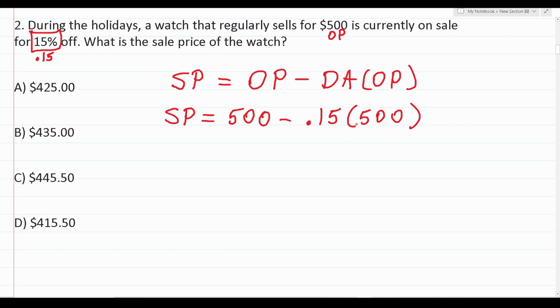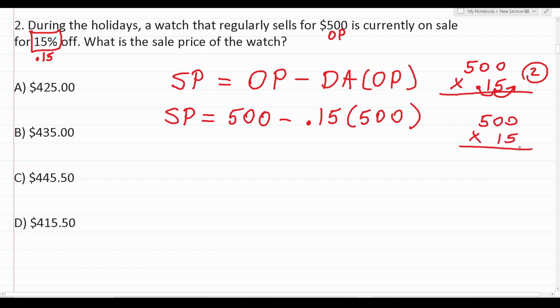First things first, we have to do 500 times 0.15. As you can see, I'm multiplying a whole number by a decimal. What you want to do here is clear the decimal in 0.15 by shifting it to the right 2 times, such that this problem becomes 500 times 15 with no decimals.